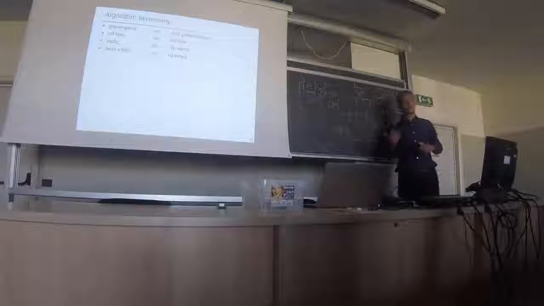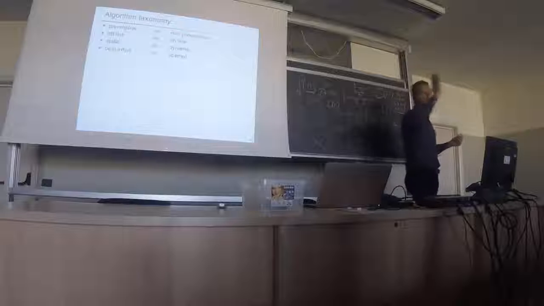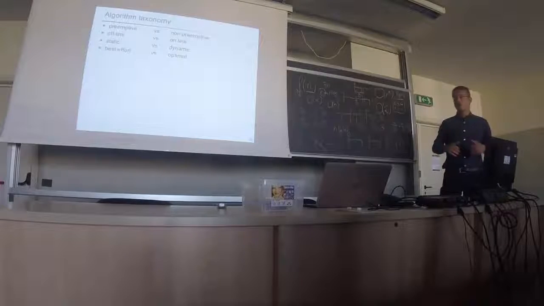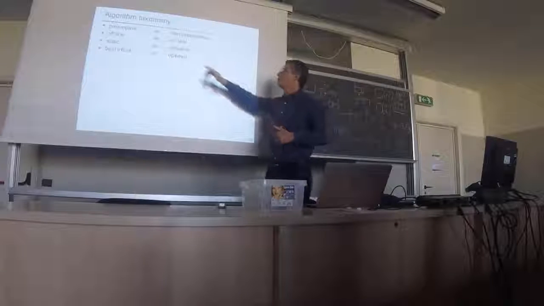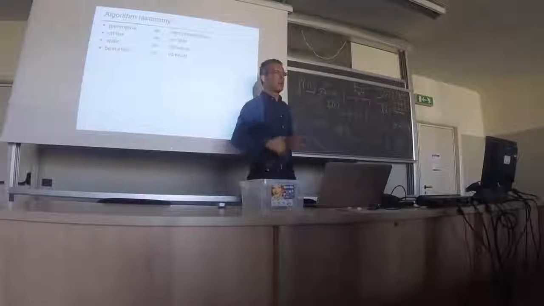Or if I base my scheduling decision on the arrival time, and I don't know the arrival time, this is for instance first in, first out, okay? So I base my scheduling decision on the absolute arrival time, so these are all dynamic schedulers, okay? Tell me if I shall repeat.